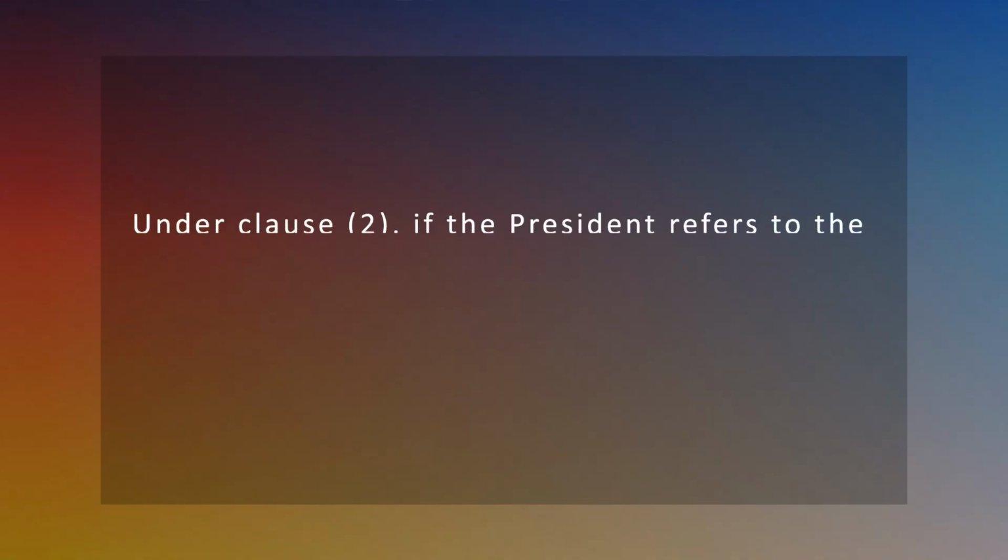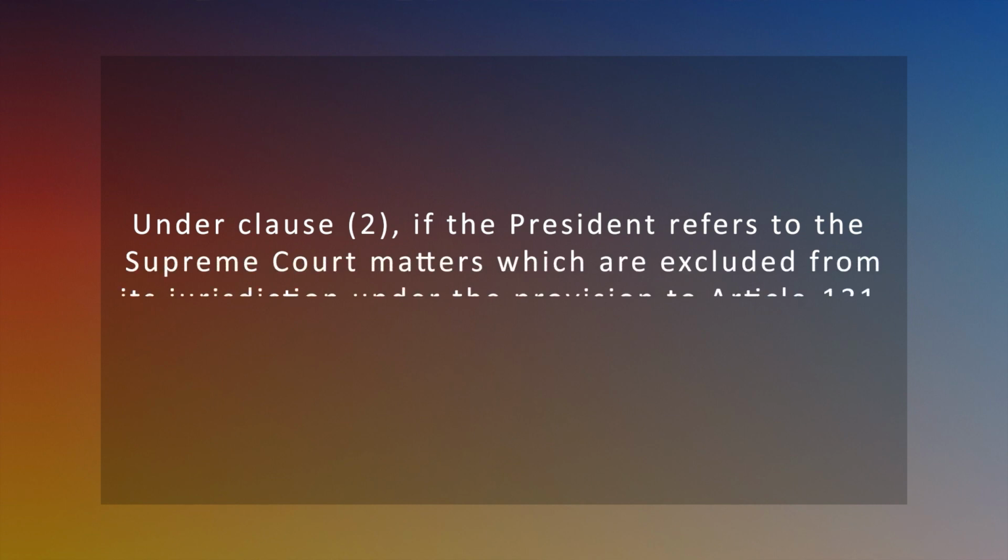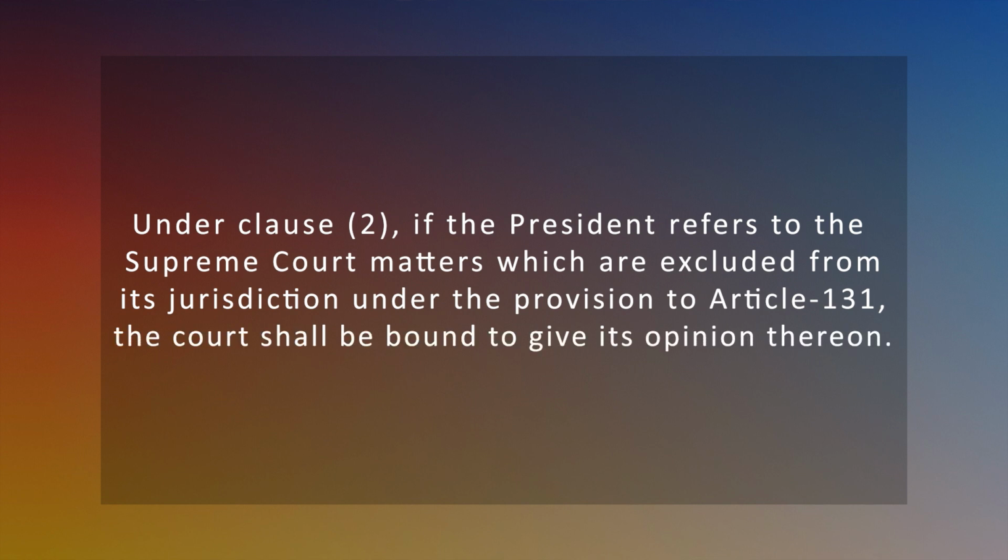Under Clause 2, if the President refers to the Supreme Court matters which are excluded from its jurisdiction under the proviso to Article 131, the court shall be bound to give its opinion thereon.